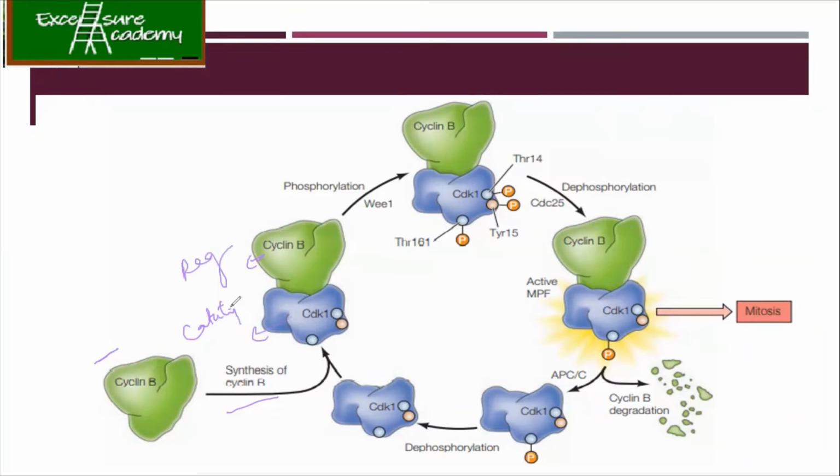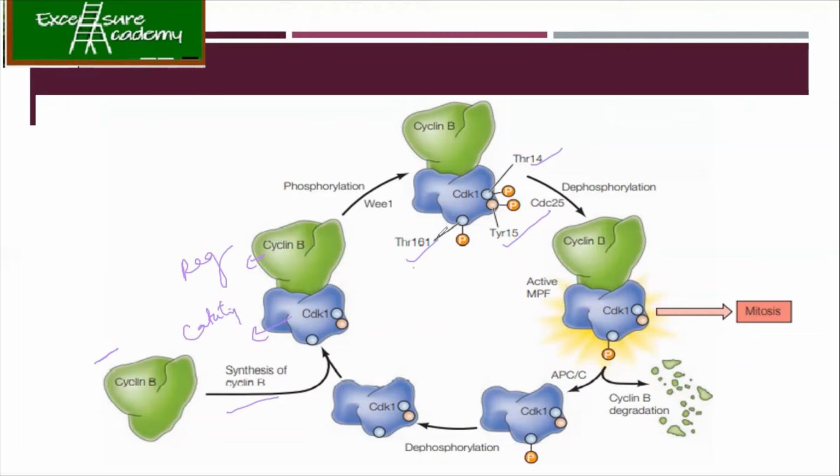Yeah. So actually, they start out as dephosphorylated, and after phosphorylation, which is done through V1, cyclin B remains connected, and CDK1 gets phosphorylated at three positions: threonine 14, tyrosine 15, and threonine 161.